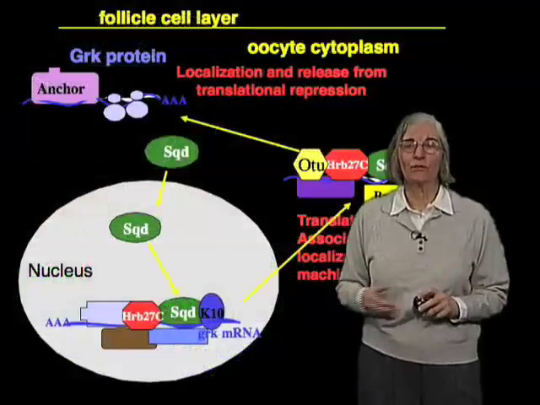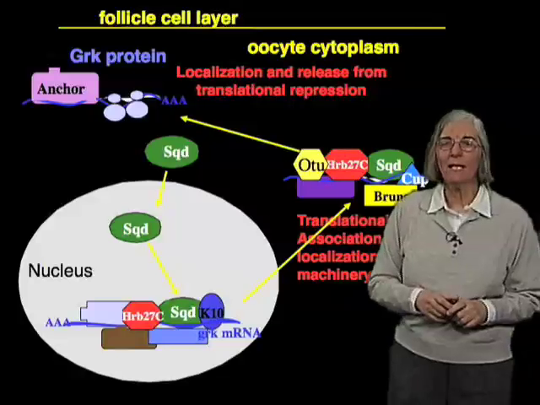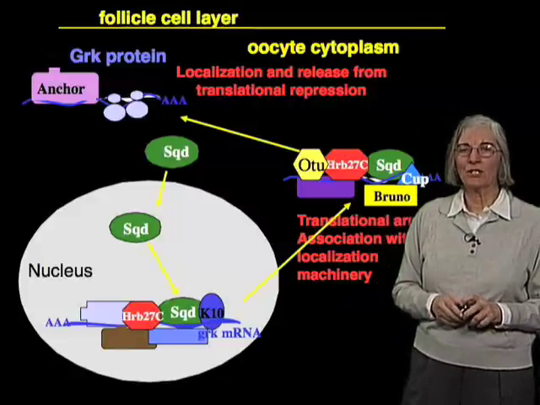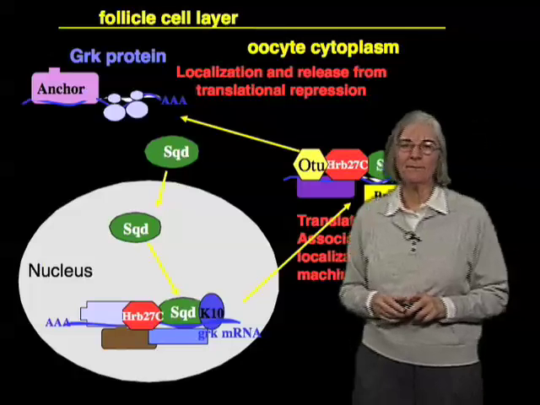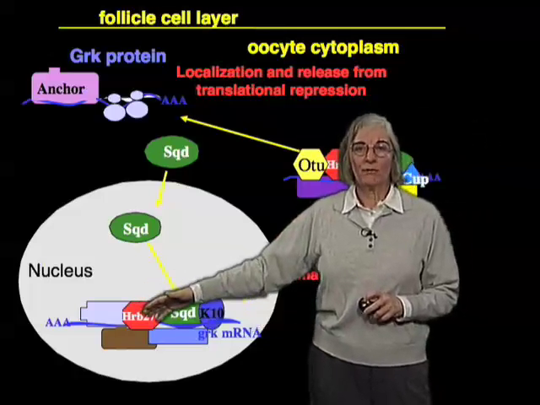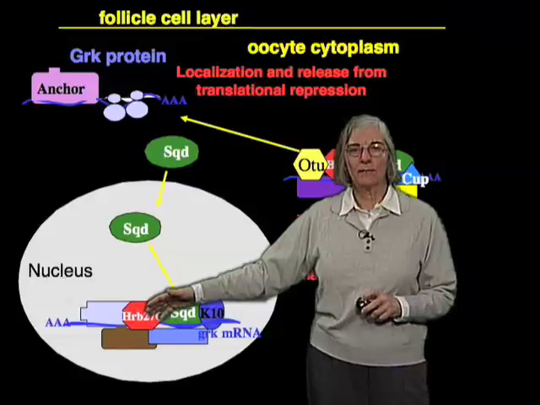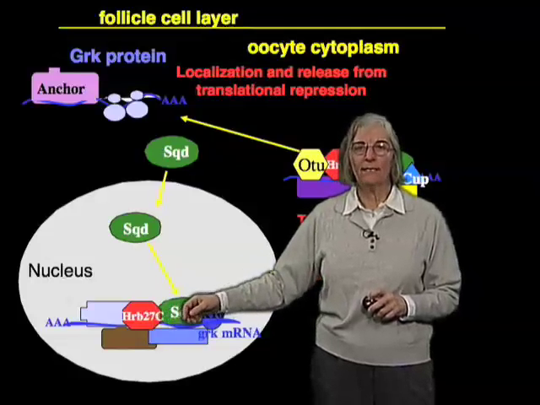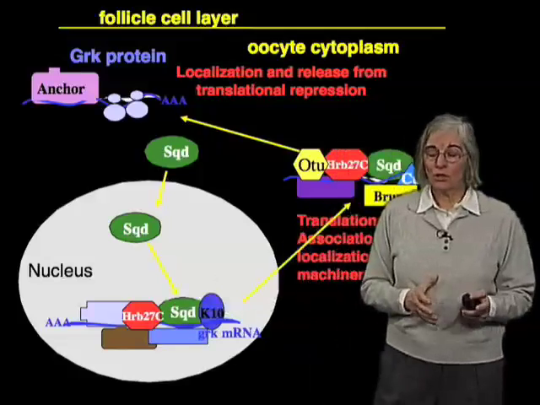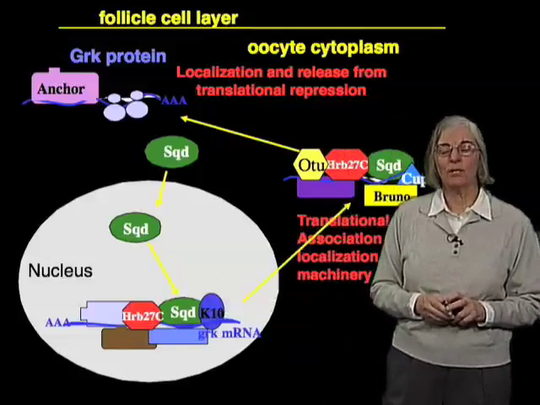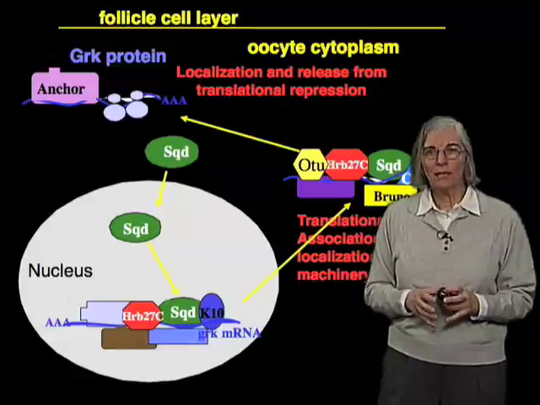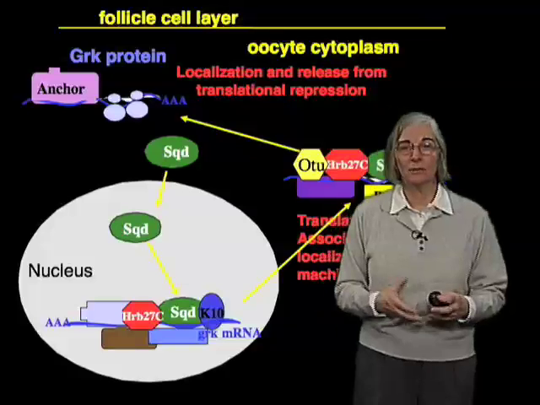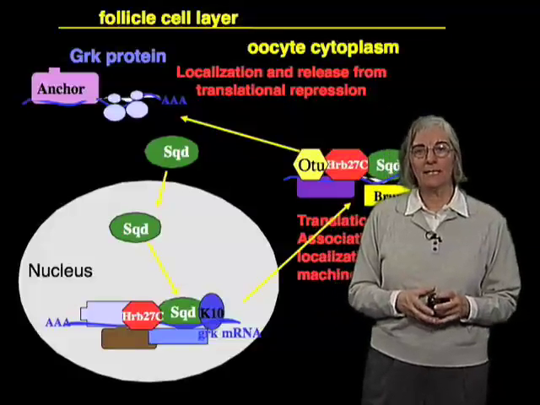Performing more such screens and tests, we came up with the following cartoon interpretation of our findings. The Gurken RNA is transcribed in a nucleus, and presumably in the nucleus it will already interact with genes like squid and HRB27C, which accumulate in the nucleus and can bind to RNAs as they are being transcribed and spliced.